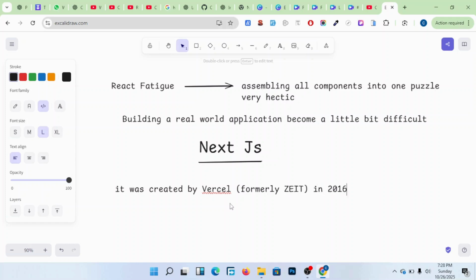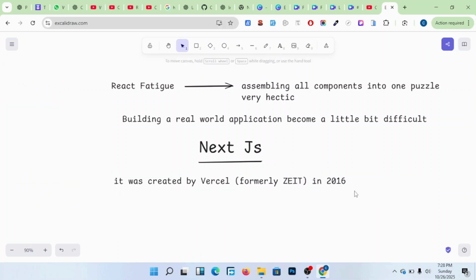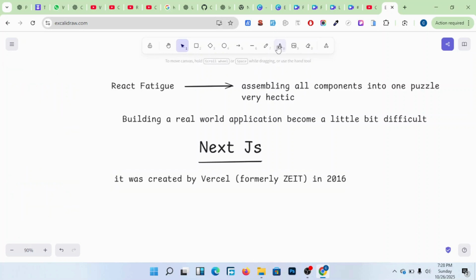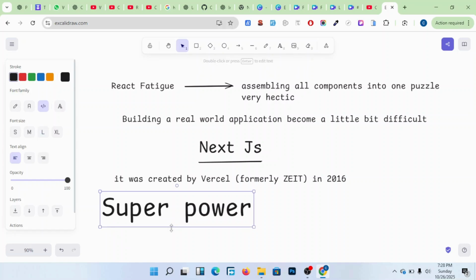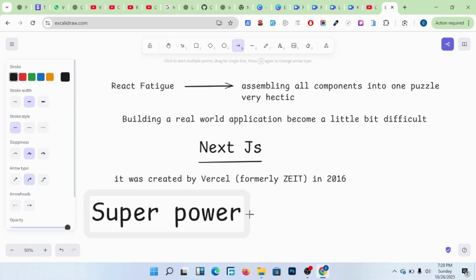When they introduced Next.js, React began flowing like water. React became very simple. Next.js was built like a superpower to supercharge and enhance React.